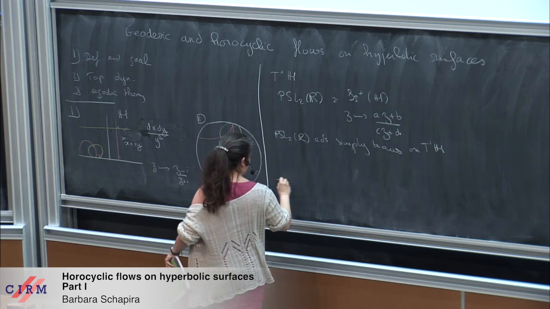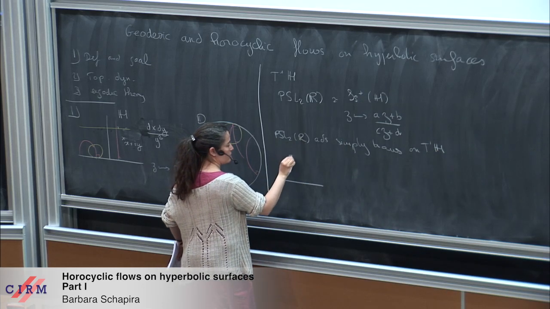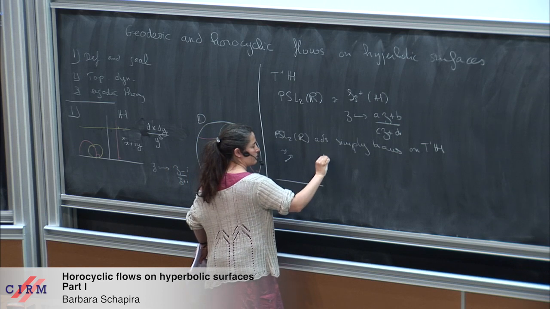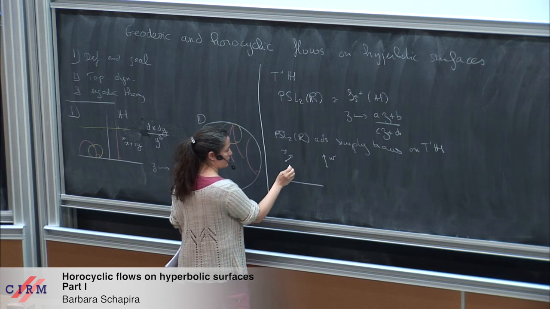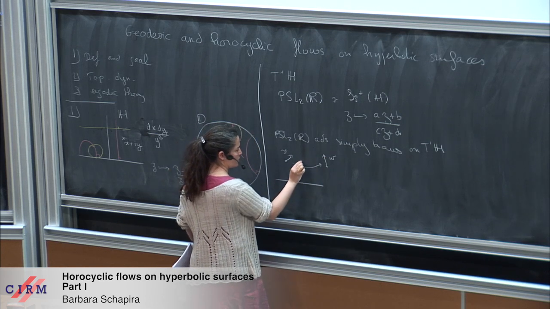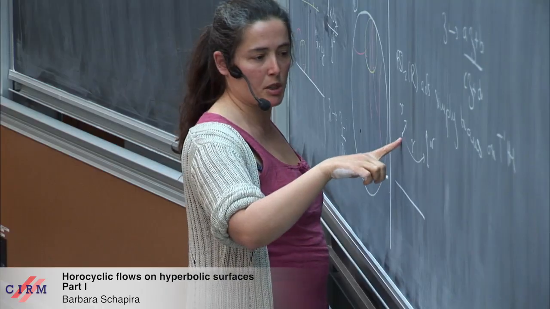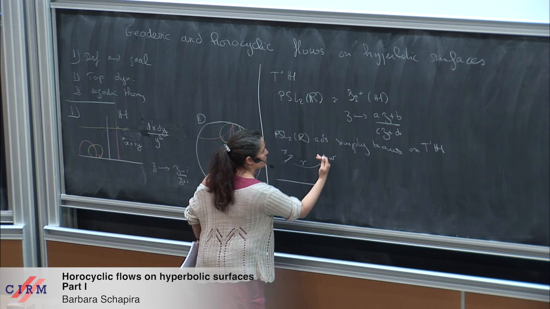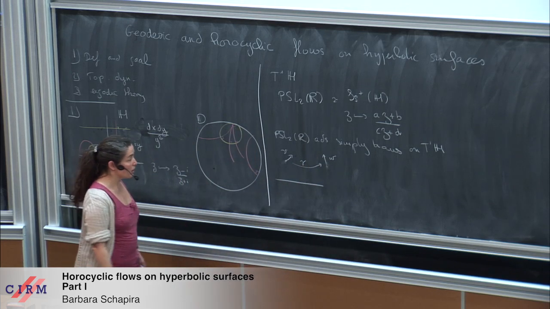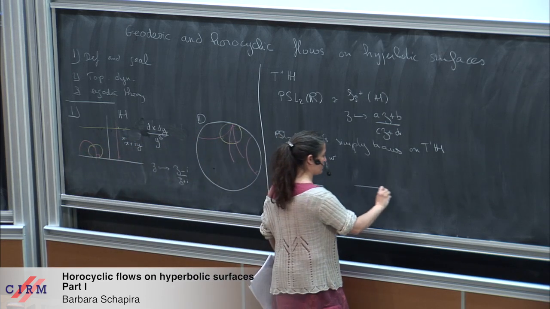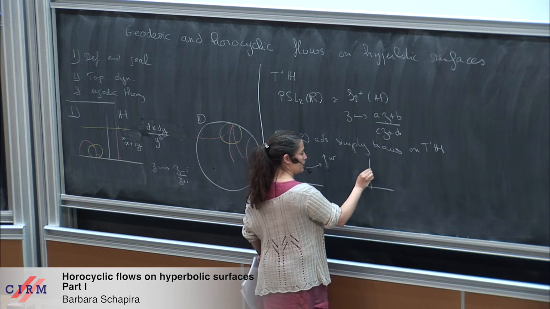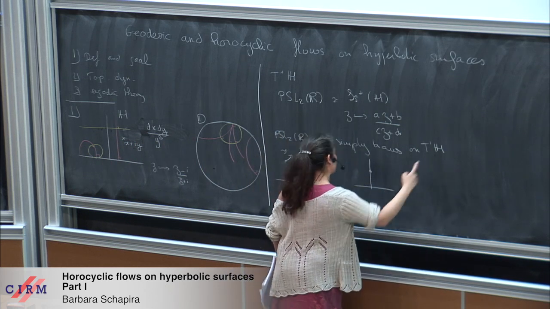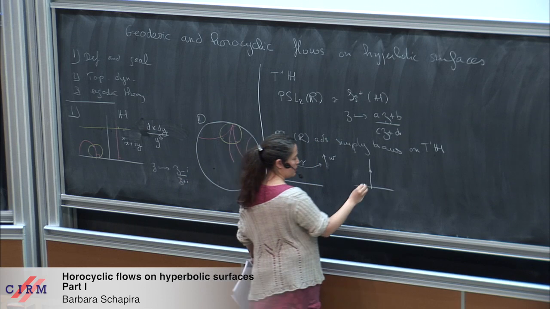It means that given any two unit vectors V and W, there exists a unique isometry gamma which sends the base point of V to the base point of W and the direction of V to the direction of W. Then it's immediate to identify this space with PSL2R.